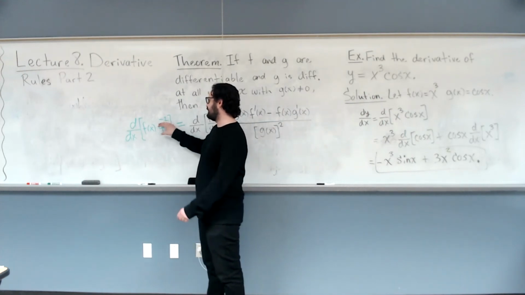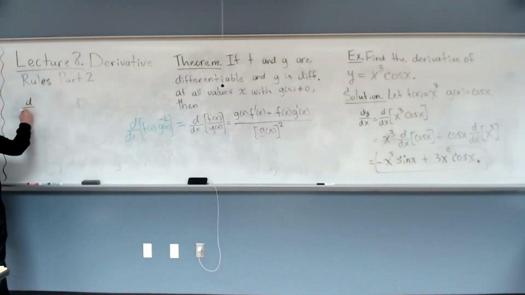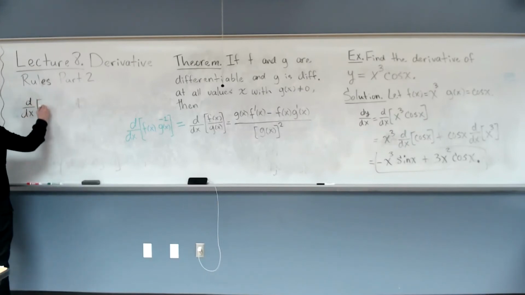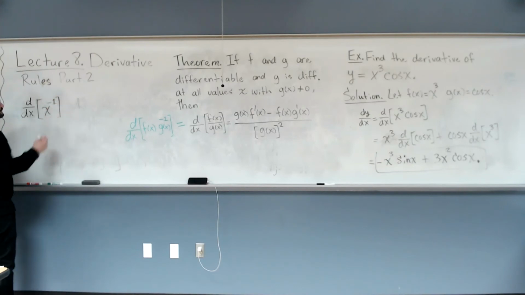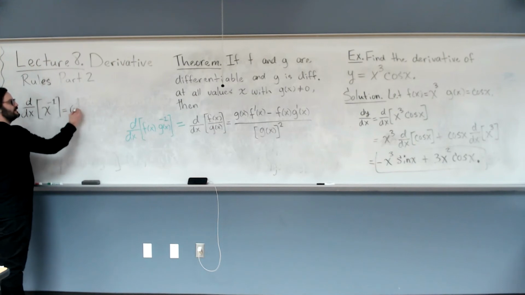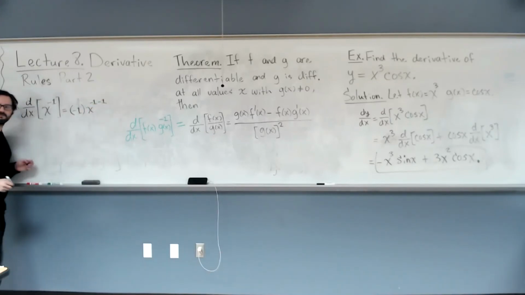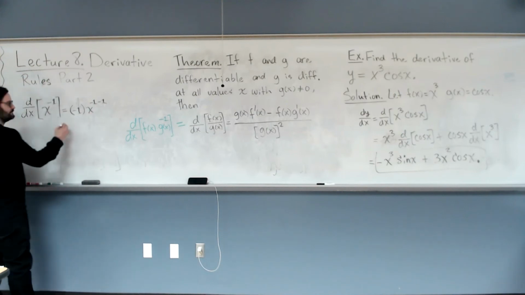What happens when you apply the power rule to something like this? What is this derivative? Here n is negative 1, so it's n times x to the power n minus 1. So it'll be negative x to the negative 2.